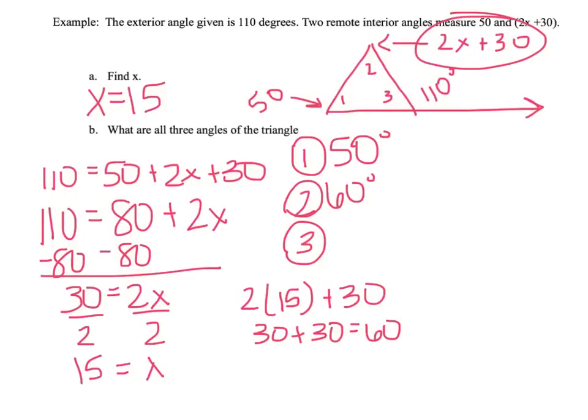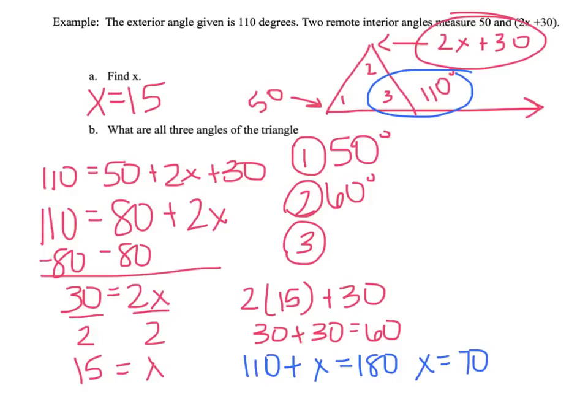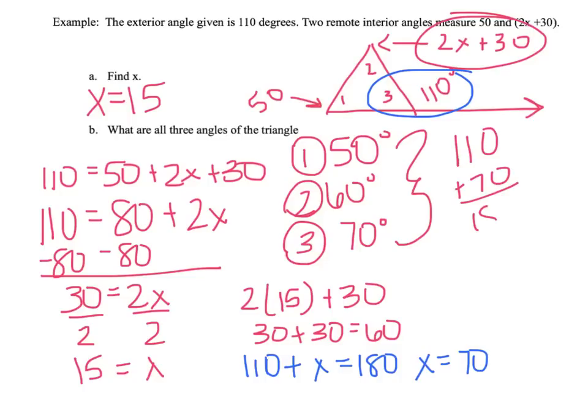And then we know that this right here is a supplementary angle. So 110 plus x equals 180. X is going to equal 70. And if you practice adding these together, 50 plus 60 is 110. Plus 70 is 180. So we know we did everything right because when we add all three inside the triangle, they equal 180.